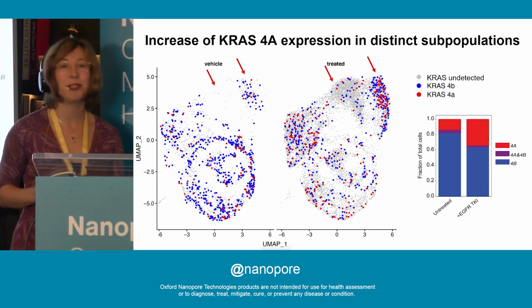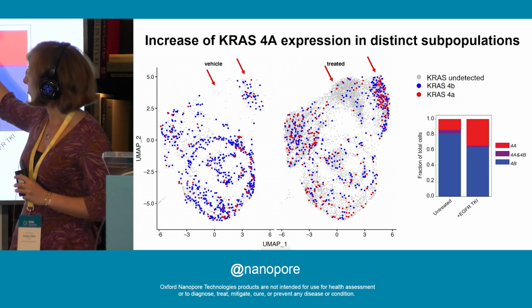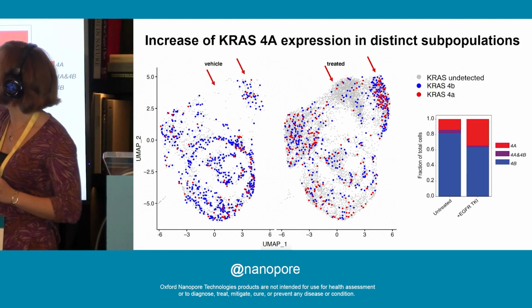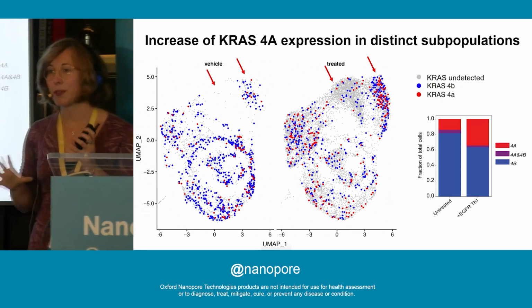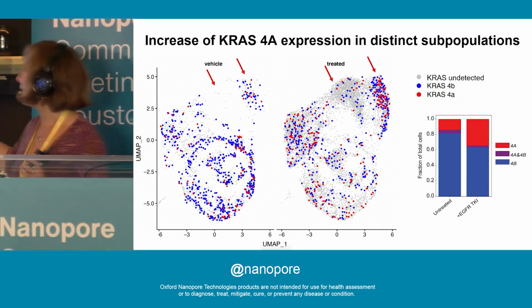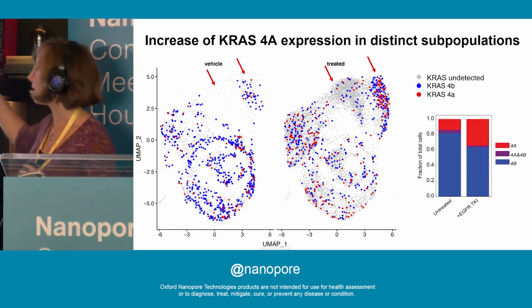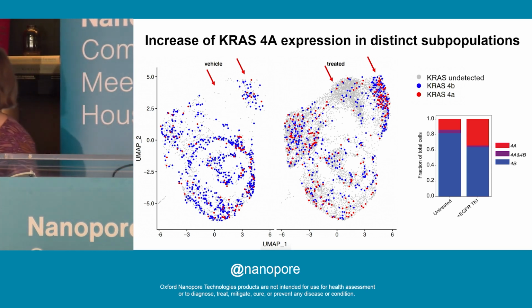And so we can see a few different exciting things in this data. There is an increase in KRAS in this cluster and a decrease in this other novel cluster next to it. So there appear to be two different mechanisms here, as well as an increase in expression of the KRAS4A isoform globally across the treated samples.